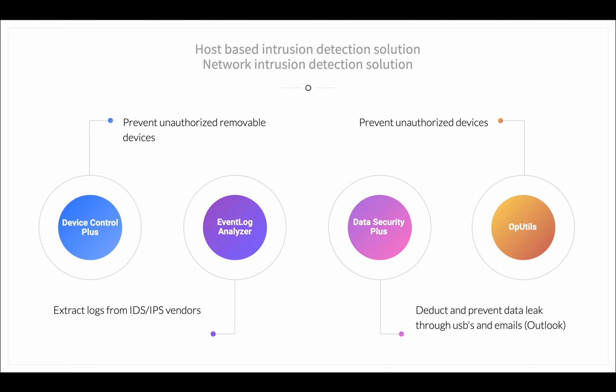ManageEngine doesn't offer devices, but IDS IPS reporting is available in Event Log Analyzer. Event Log Analyzer generates security reports that provide information on attacks occurring in your network, with information on the most frequent attacks and the source of these attacks, the most targeted devices on your network, and attack trends.